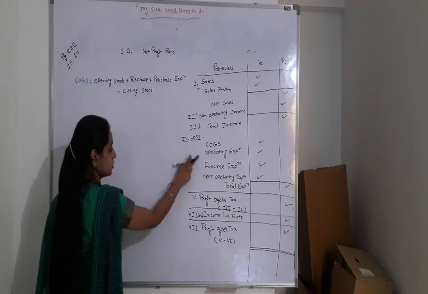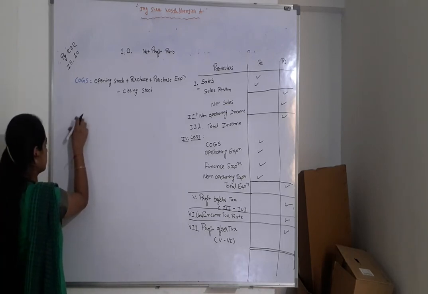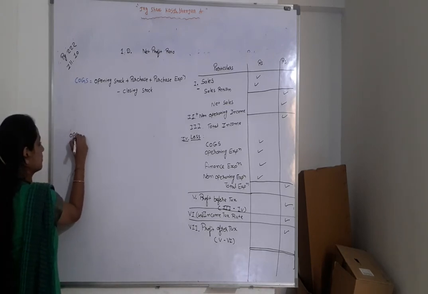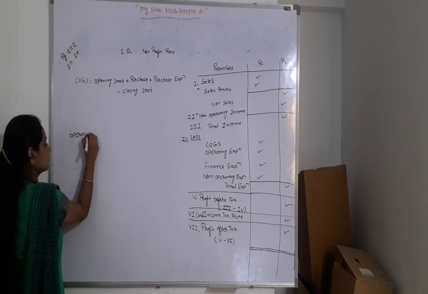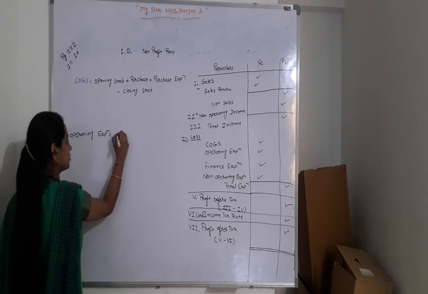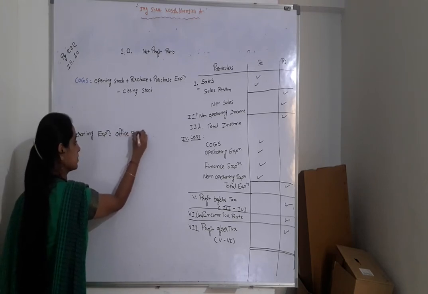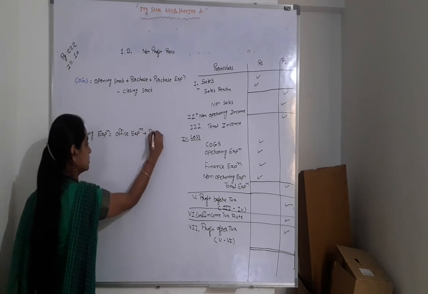Then for operating expense, they have given office expense and depreciation.